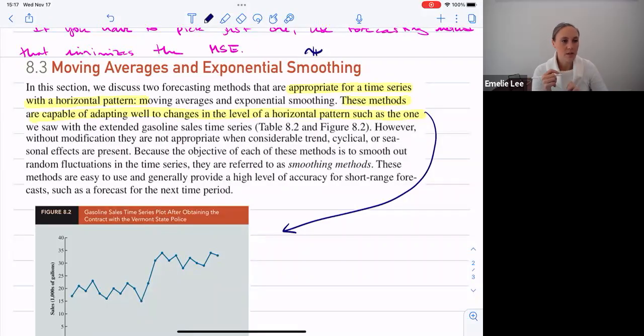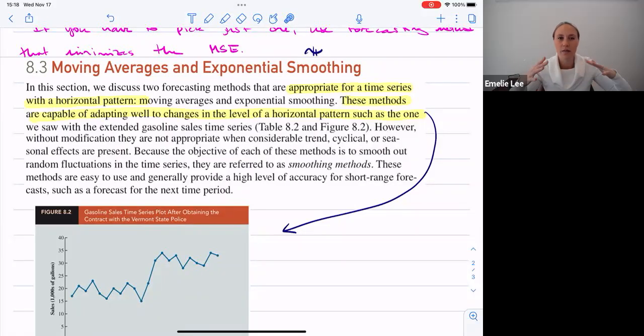And then exponential smoothing is another method that we haven't seen, and we're going to look at simple exponential smoothing. There are lots of other ones. So moving averages and exponential smoothing are kind of the base for a lot of other more complicated methods that we're not going to look into. But once you have these two under control, then you can go in and say, oh, it's just a tweak on the moving average.